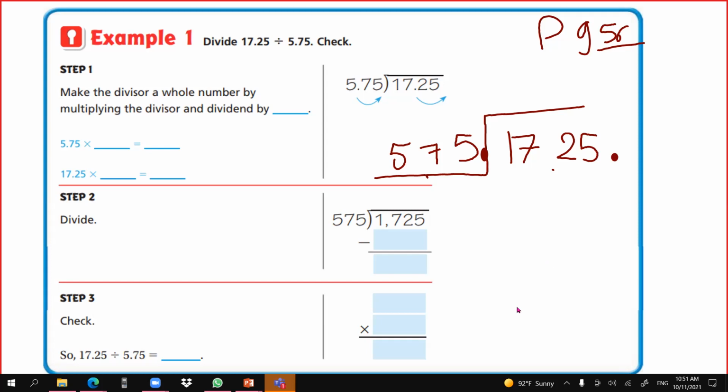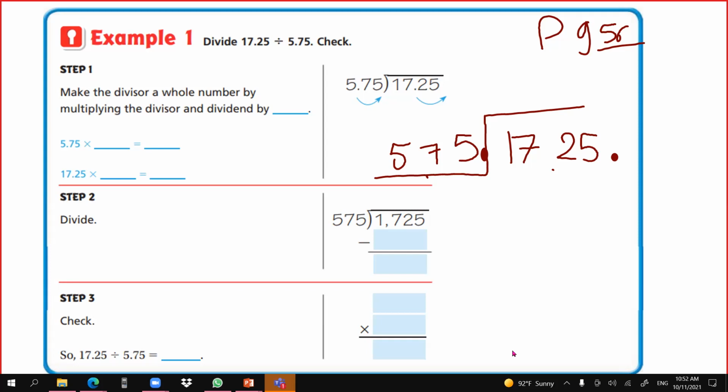Next, what do we have? We have 1,725 divided by 575. I think we're going to take 172. How many 575 are in 1,725?